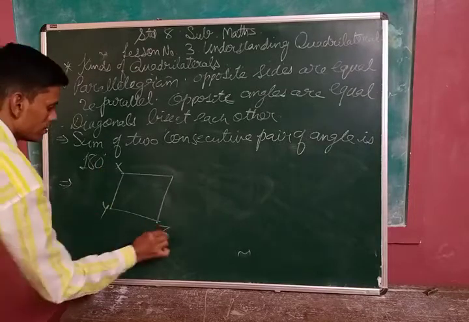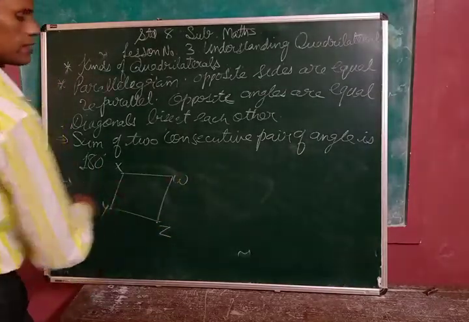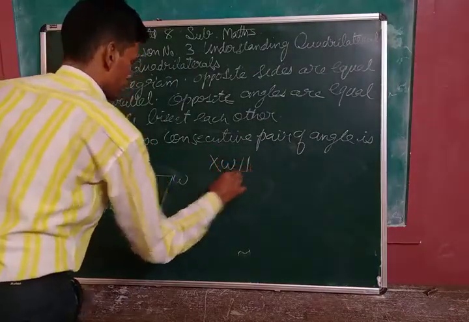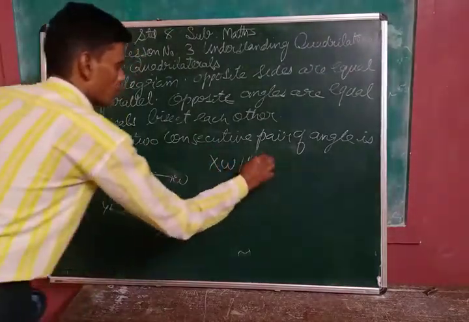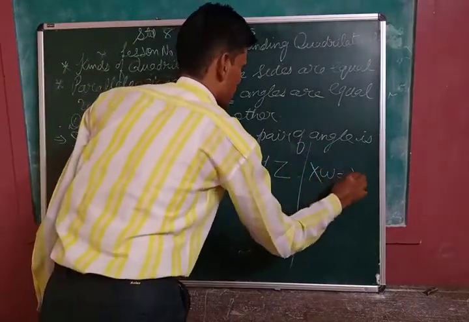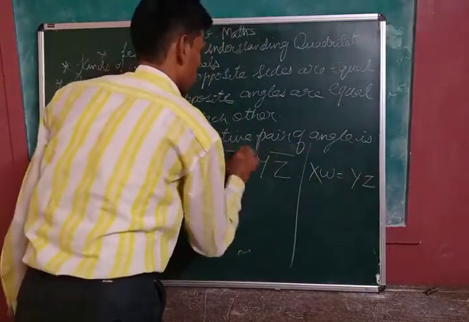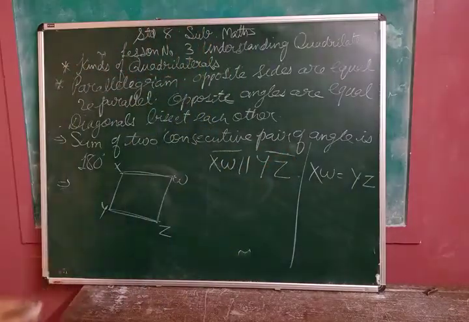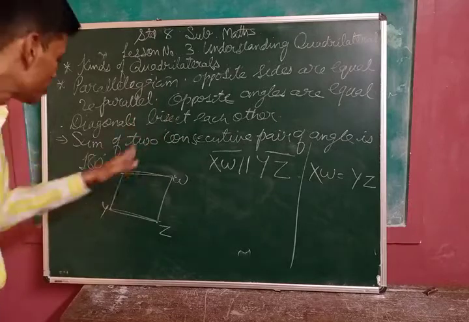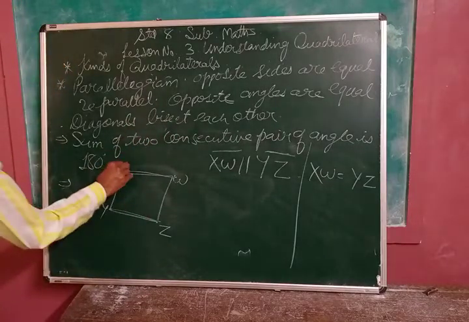X, Y, Z, W. This is a quadrilateral where XW is parallel to YZ and XW is equal to YZ.